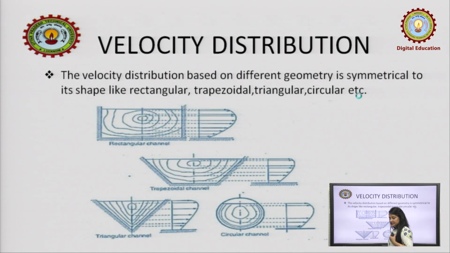Third one, we can see velocity distribution can also be categorized depending upon the geometry of the channel, like rectangular, trapezoidal, triangular and circular.